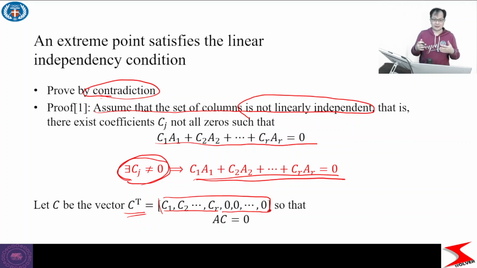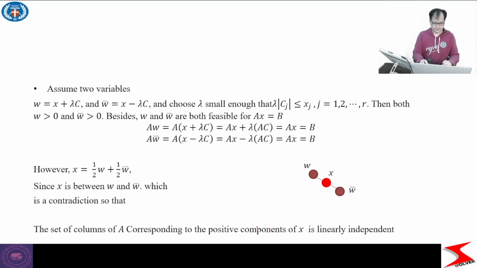Okay, any case of the assumption is okay. Then, according to the assumption, we can rewrite it: the matrix A times vector c equals 0. Okay, and then now we only consider two variables.